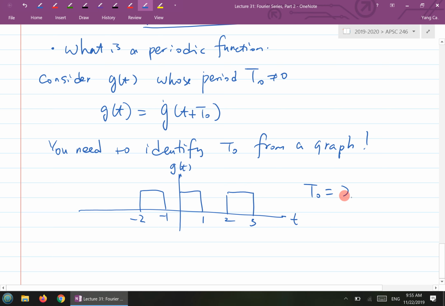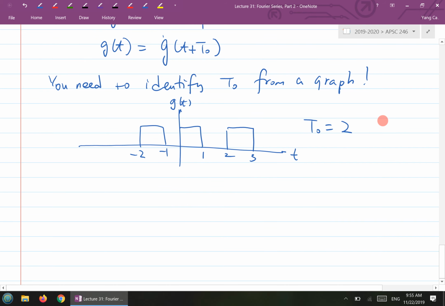How does it repeat? So t naught is 2. It's not 1, eh? I heard somebody say 1. Unfortunately, if you identify this wrong, the rest of the computation will be all wrong. So this is something you have to practice to make sure you get your t naught right. Now let's look at what the Fourier series is for a periodic function, a signal.